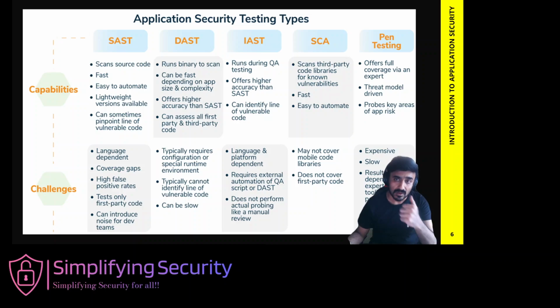Okay. The first one is SAST, which stands for Static Application Security Testing. It means you have the code for the app which you are testing, and you scan the code. If you don't have scanners available, you can go for search-word-based source code analysis, or line-by-line code analysis.